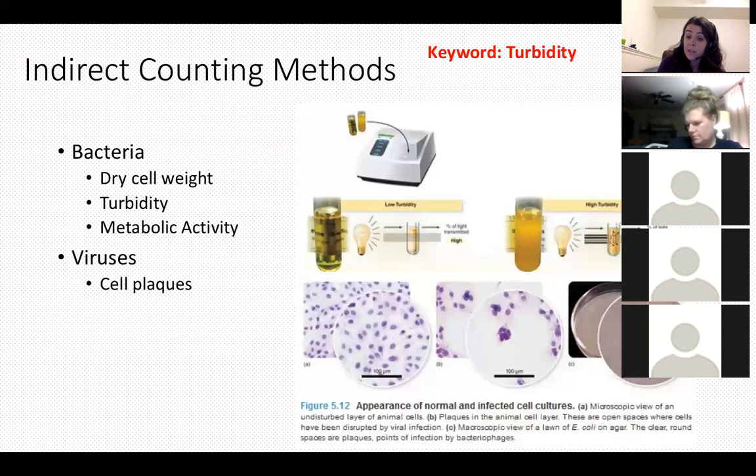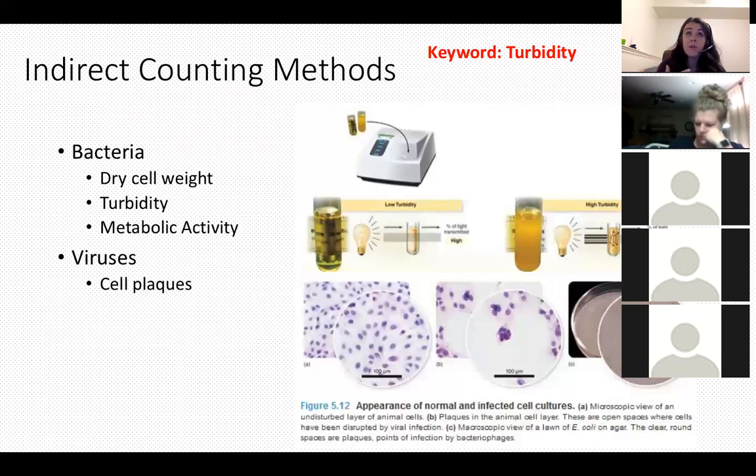A third thing that we can do is look at the metabolic activity. A lot of times this will be similar to the differential media, where we have a bacterium that can do something special, and we measure that. So we could, again, add lactose and some type of indicator dye, and we could use a light source again like this to determine how much color change we see.